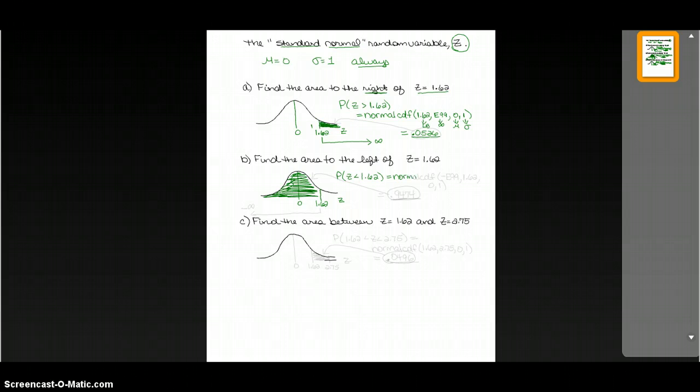We're going to do normal CDF. And now our lower bound, since we're going from a number all the way out here to negative infinity, our lower bound is negative infinity. So we're going to use negative E99, 1.62, and the mean and the standard deviation. And by the way, the default is 0 and 1 for that mean and standard deviation.